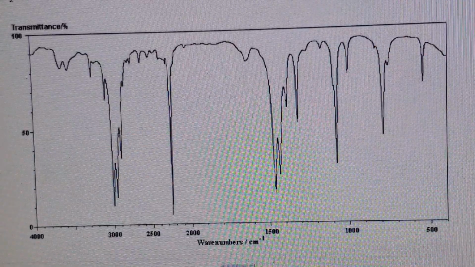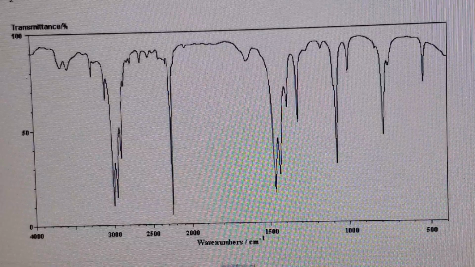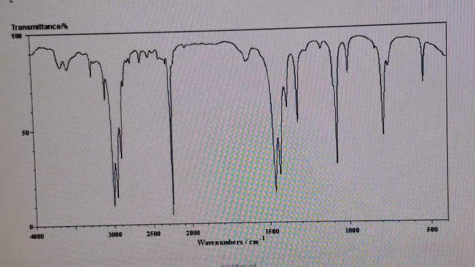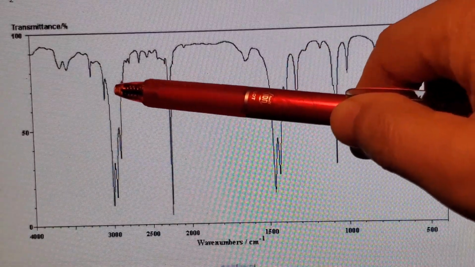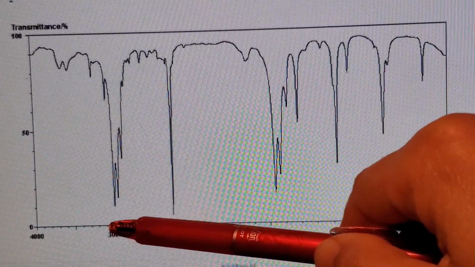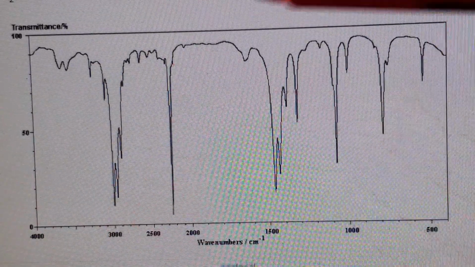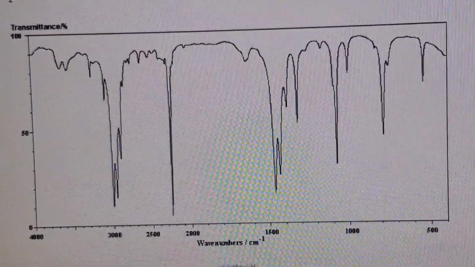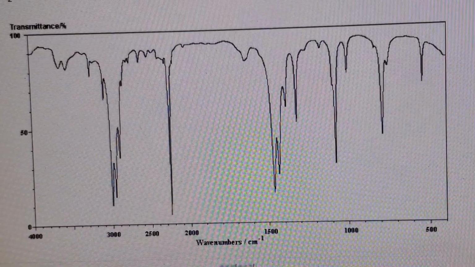So there is a chance to have some sp and sp2. But again, these are small, and this number is not quite over 3000. That's right on the 3000. So we're not sure this is really the case with the sp or sp2.